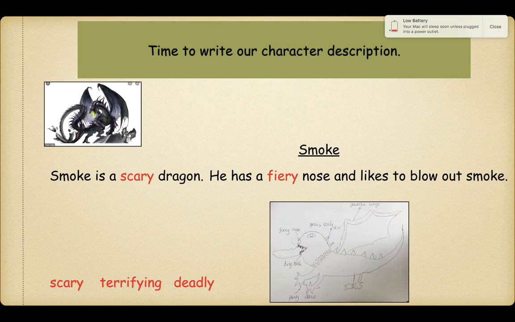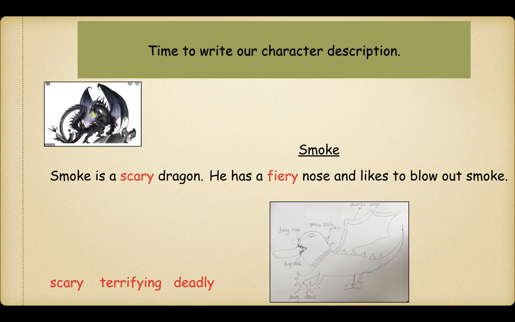So can you do that? Do you have your drawing with you? Or can you remember some of the words or phrases that you used to describe the appearance of your dragon? If not, just work with me.